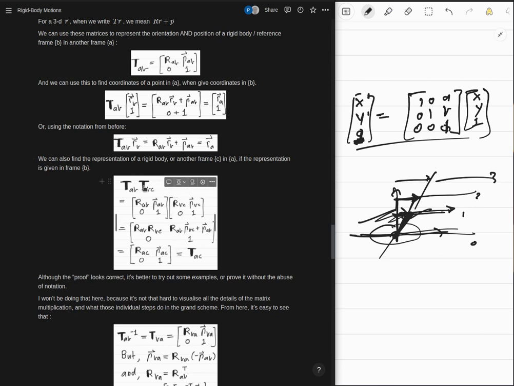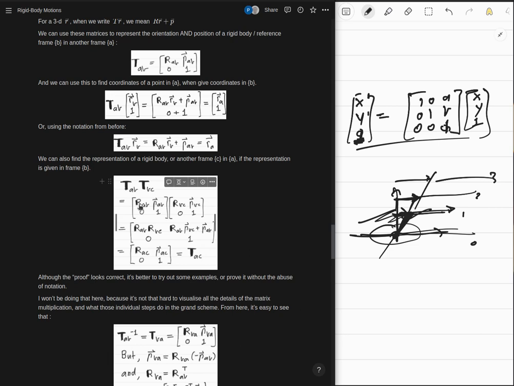The first column goes like this, so the first three entries go like this, and this is the 0th entry, so that goes over there, which means all of that will be gone. So these three entries actually go into this matrix. Similarly for the second column, third column as well. So by this point, all of this has gone into that matrix. This is basically just the multiplication of this and that. And for the last column, this just goes like that. So these first three entries go into this.